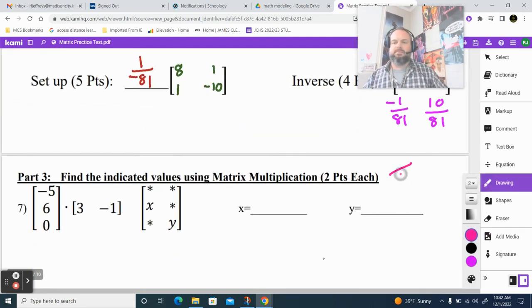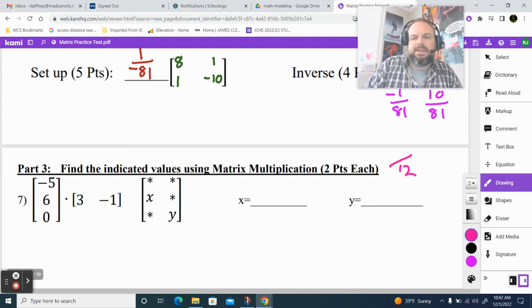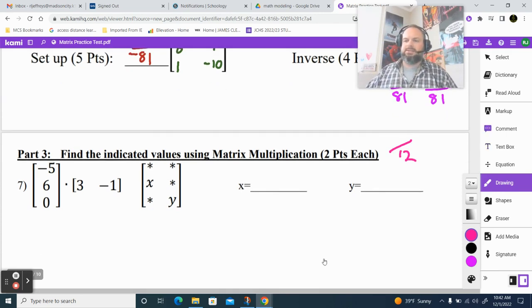Math is hard. So that means we have a total 24 plus 22 plus 12, 58 possible points. All right, this is what we learned yesterday. This is good stuff. Lots of fun.